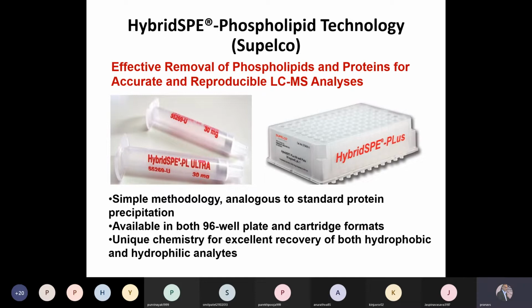So any body fluid or matrix will be containing to some extent proteins and phospholipids. And to remove these two using solid phase extraction is known as hybrid SPE. So you are able to remove phospholipids as well as proteins in hybrid SPE.